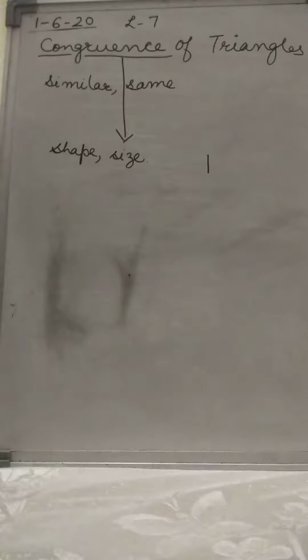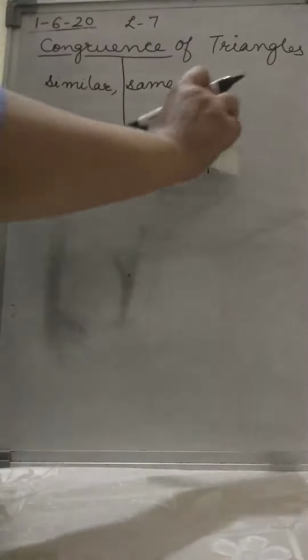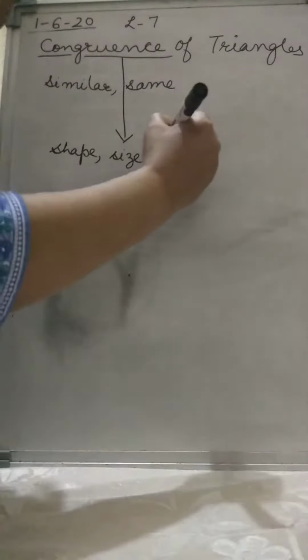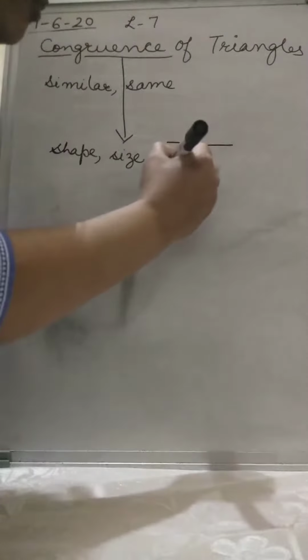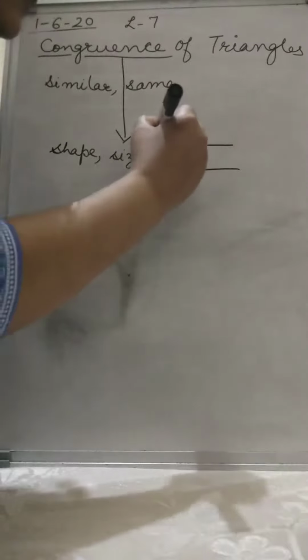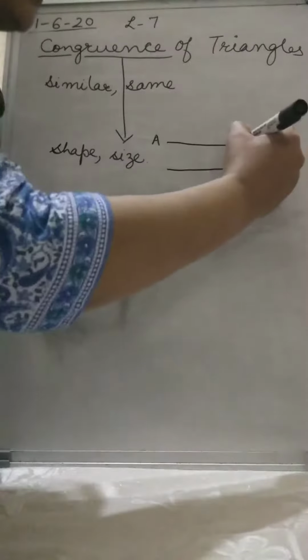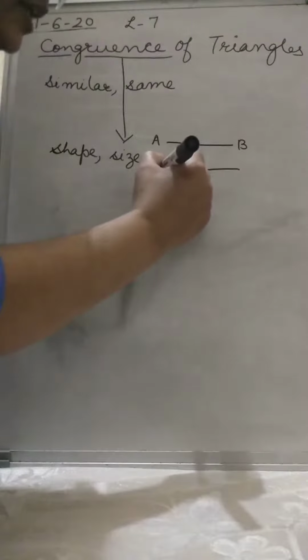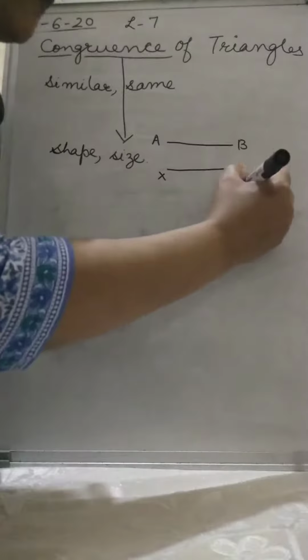Now in this chapter, we are going to study congruent triangles. But before that, I would like to tell you a few things. If I draw two lines of the same length, this is AB and this is XY.